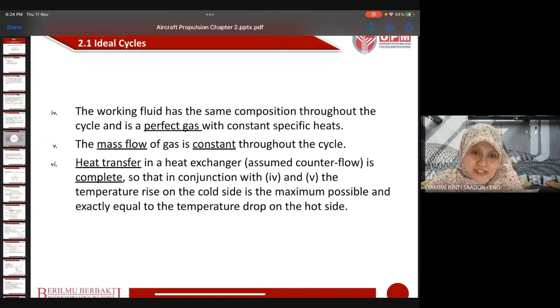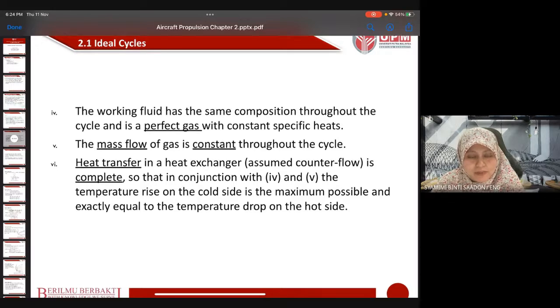The working fluid has the same composition throughout the cycle and is a perfect gas with constant specific heat. Perfect gas, or ideal gas. The working fluid again is usually air, though it can be other fluids as well, such as refrigerant. But here, when we are talking about an aero engine, aircraft engine, the working fluid is air.